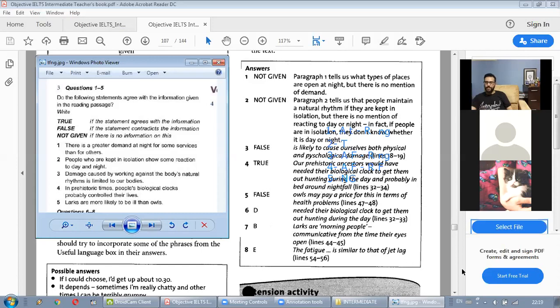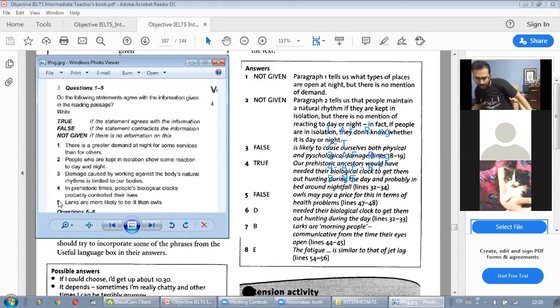This is the meaning. And here it says in the sentence, owls may pay a price for this in terms of health problems. So they might be more likely to be ill than larks. Here in number 5, they're giving you opposite information. Again, do you see the contradiction?